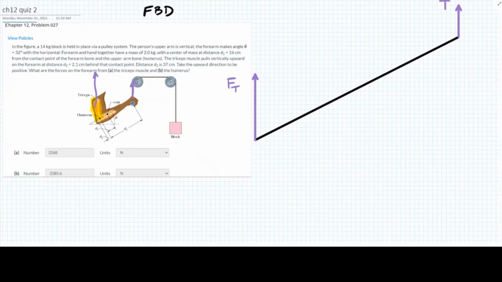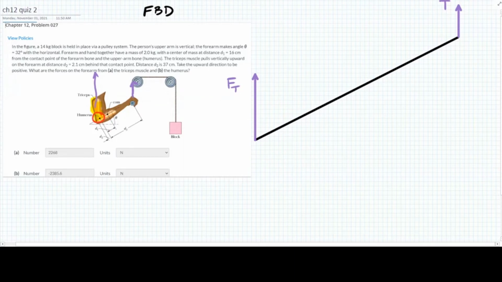And you can see there's a little ligament right there. This ligament attaches the triceps muscle to that connection point, that insertion point. So that's why I'm drawing my triceps force acting upward.